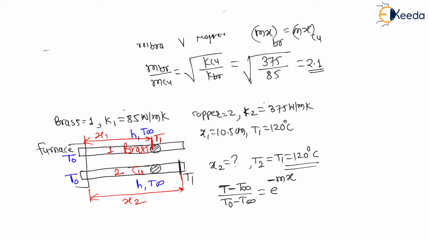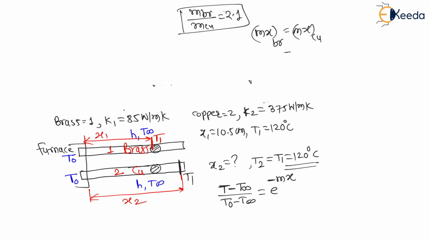Here, just a minute, I will write this ratio. We got the ratio, that is m of brass divided by m of copper is equal to 2.1. Now that you have this ratio, it is simple to find x. Let us use the relation that the m into x product is the same. Therefore m of brass into x of brass is equal to m of copper into x of copper.